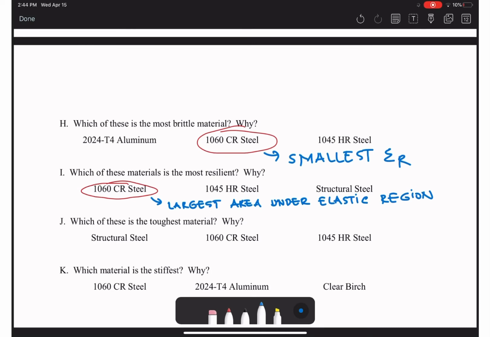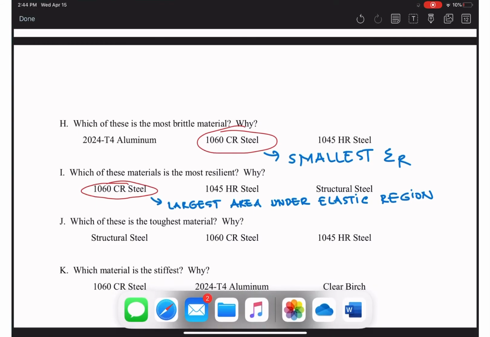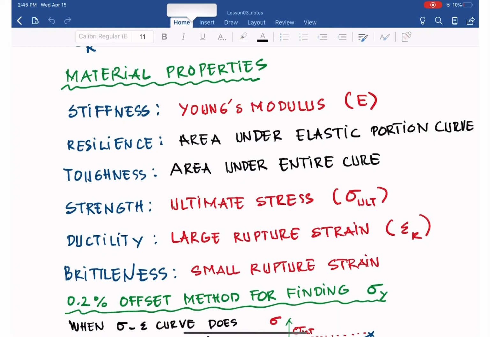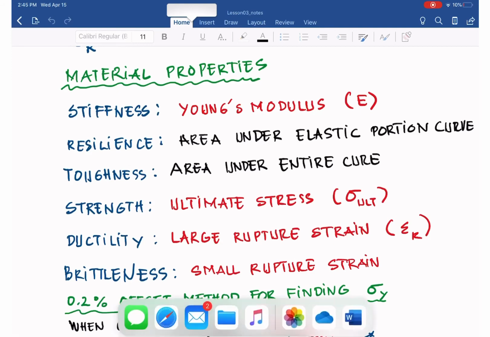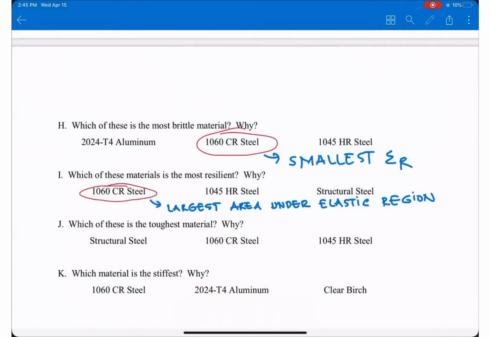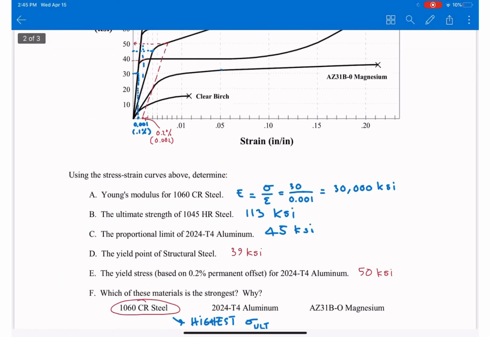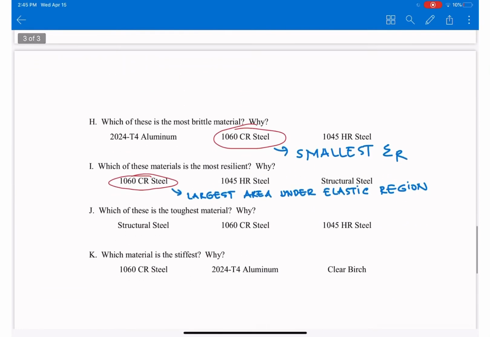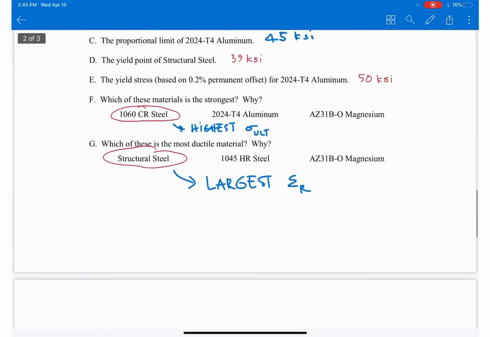Next, G, which of these is the toughest material? Going back, toughness measures the area under the entire curve. So here we have structural steel, 1060, and 1045 HR steel.